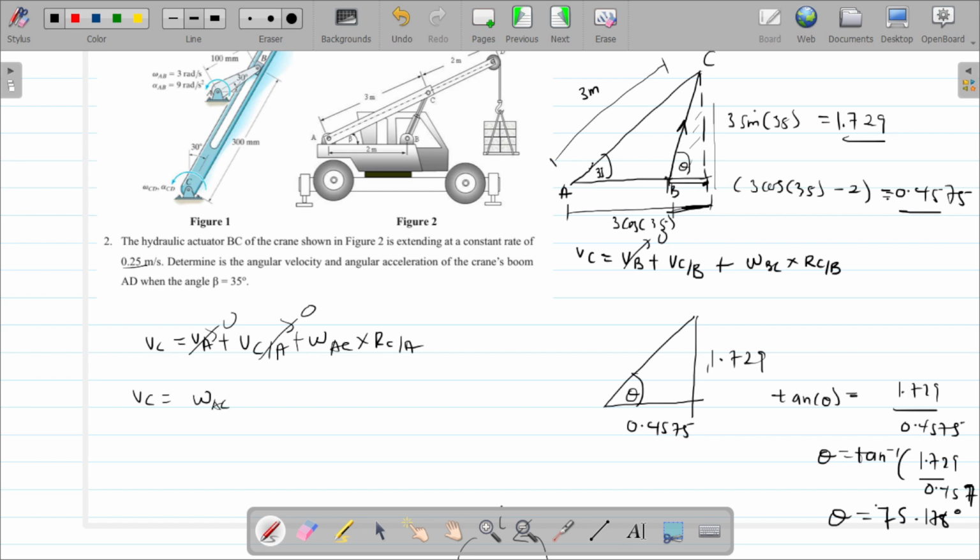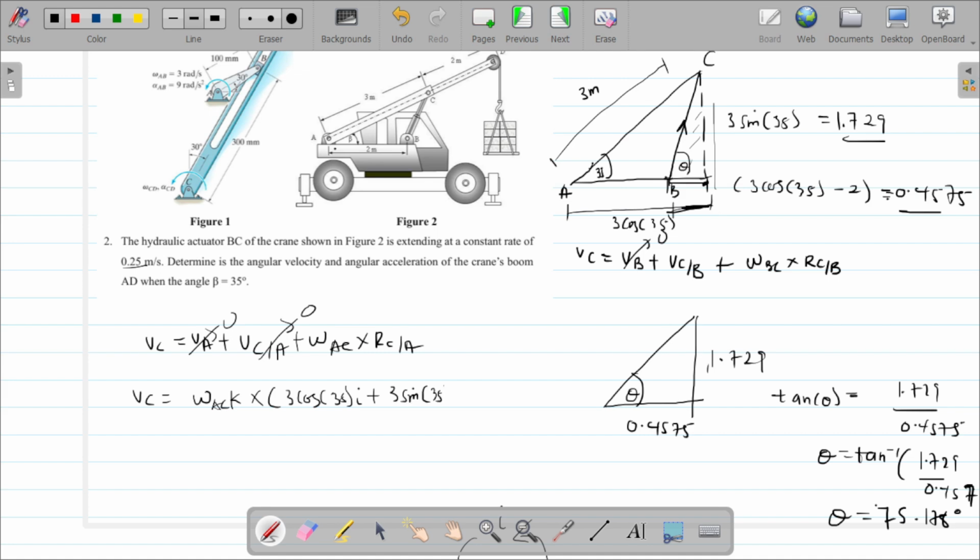So here you see we have two omegas we don't know, so it's better we have a difference. I'm making this one omega AC to represent the magnitude of the angular velocity. Direction is still k, and then cross r of C relative to A, which is 3 cos 35 i plus 3 sin 35 j.